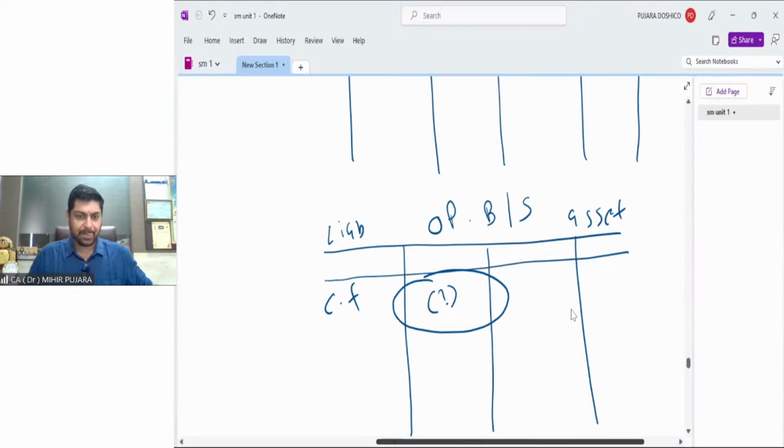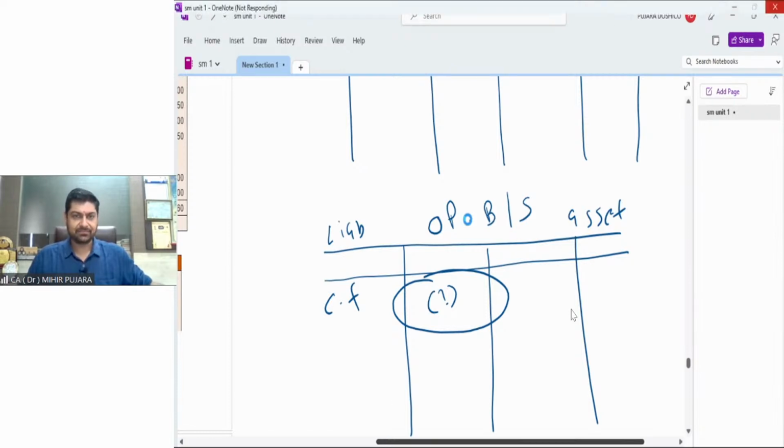Now, friend, whatever various balances of opening are given, we need to write, right? So जैसा आगे भी सिखाया था, we need to write all the opening balances in the opening balance sheet.